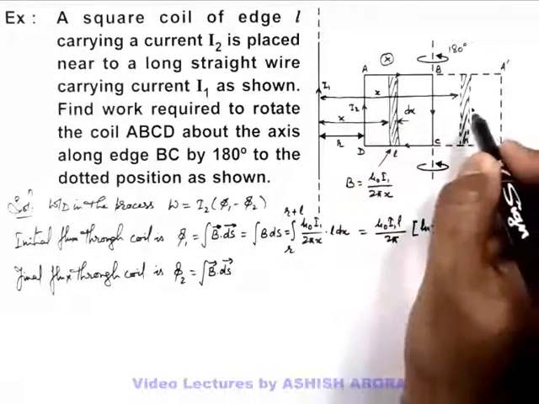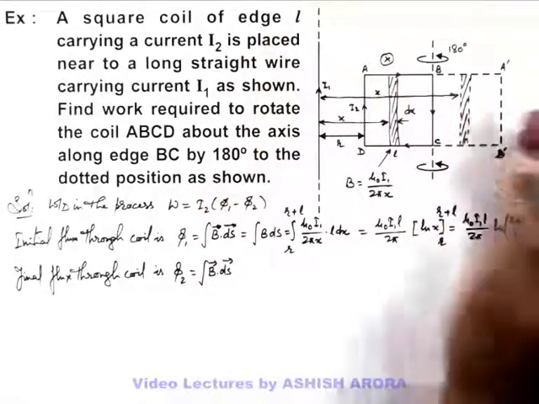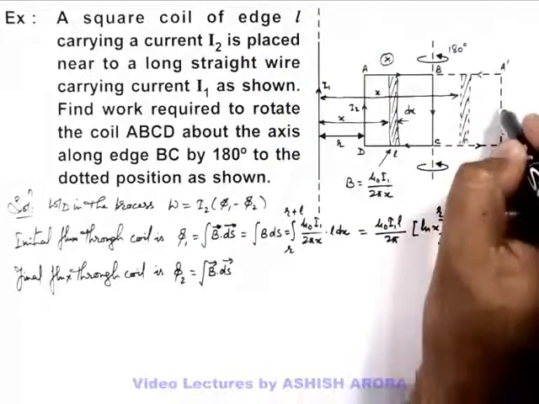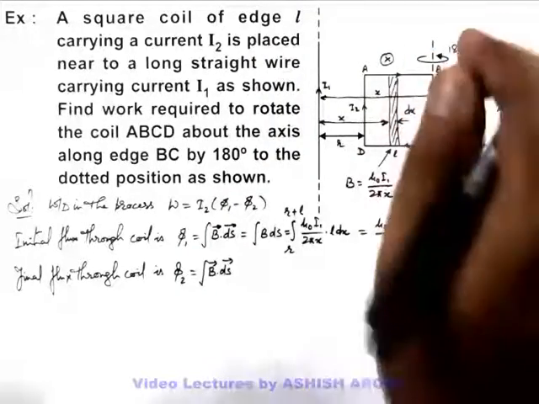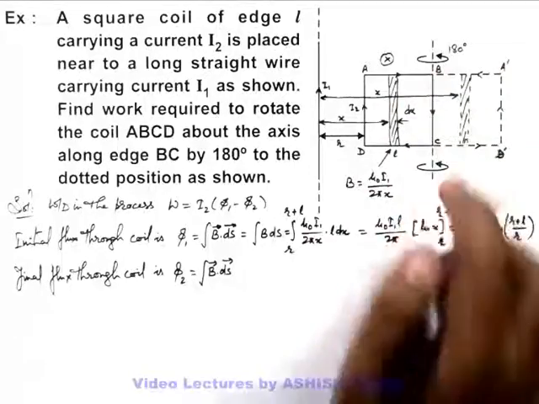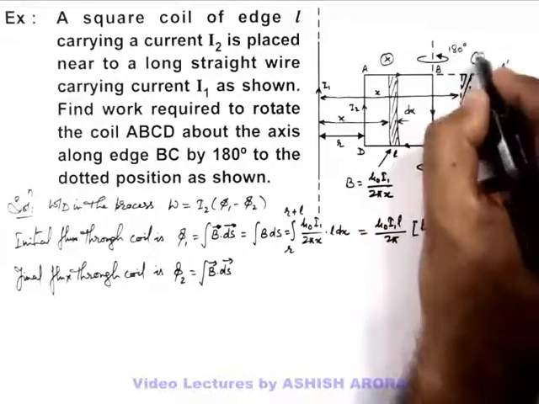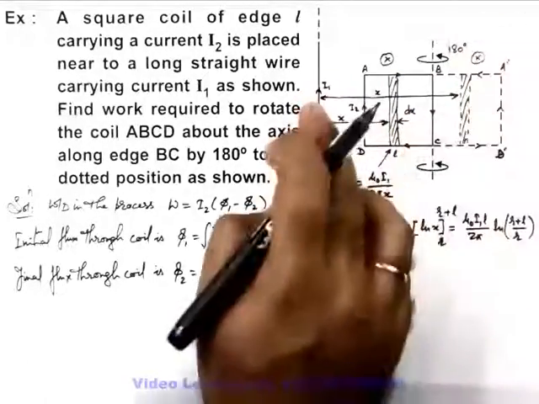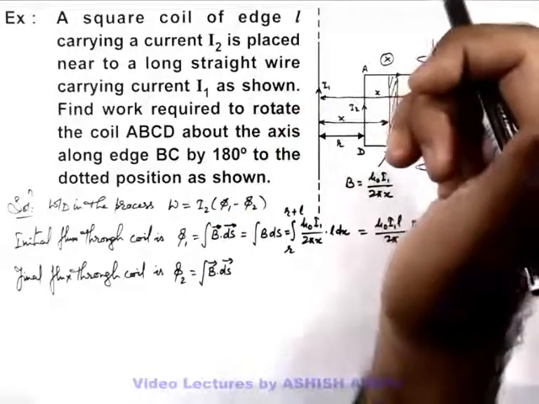Here you can see when the coil flips, the current would be flowing in this stage in the anti-clockwise sense as seen from above. So the magnetic field is still in the downward or inward direction due to I1, but its area vector is in the upward direction.